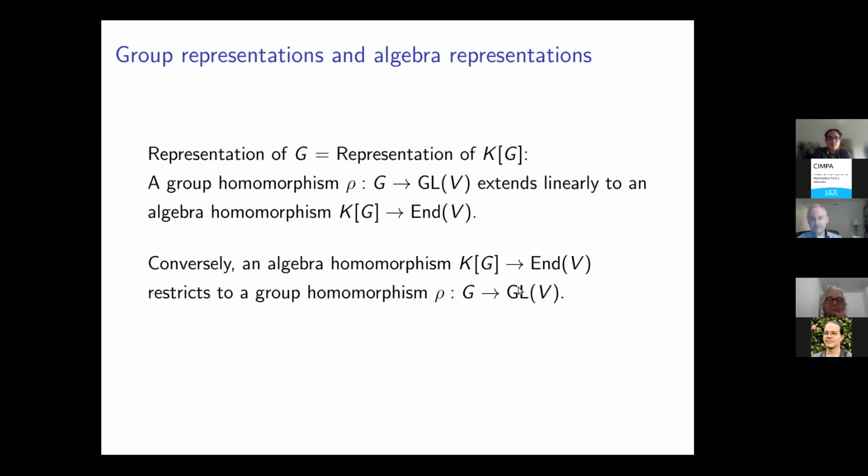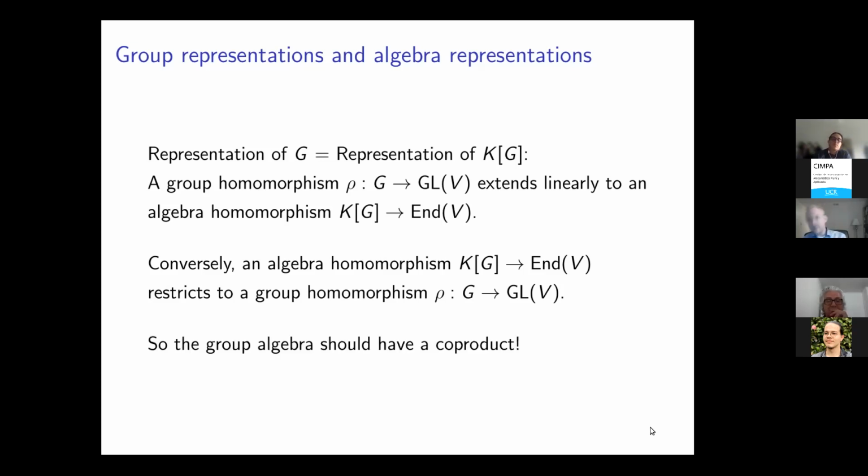And conversely, the converse is even easier. If you have an algebra homomorphism defined on the group algebra, then you just restrict to the basis elements, the group G, and then you get a group homomorphism, and the endomorphisms that come out are automatically invertible, because the inverse that you need is the image under rho of the inverse group element. So this works automatically.